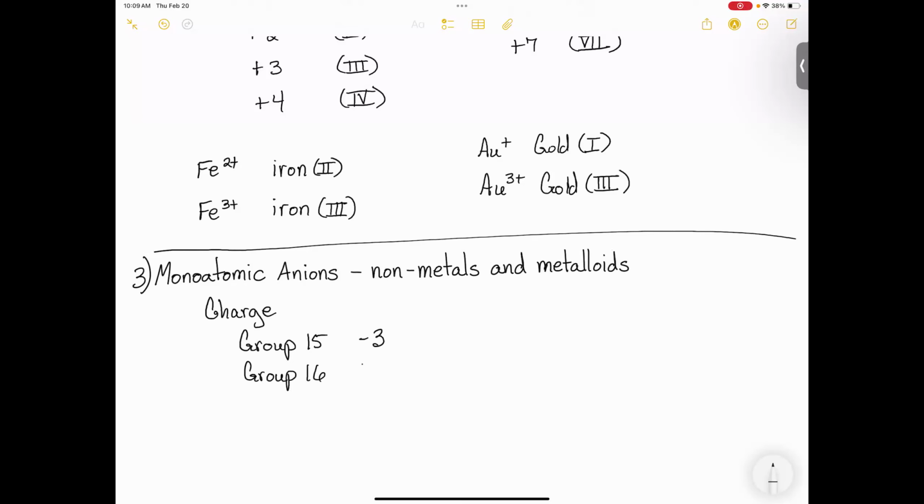Now to talk about the names. When you name a monoatomic anion, basically the name is going to be the root of the element, followed by the ending -ide.